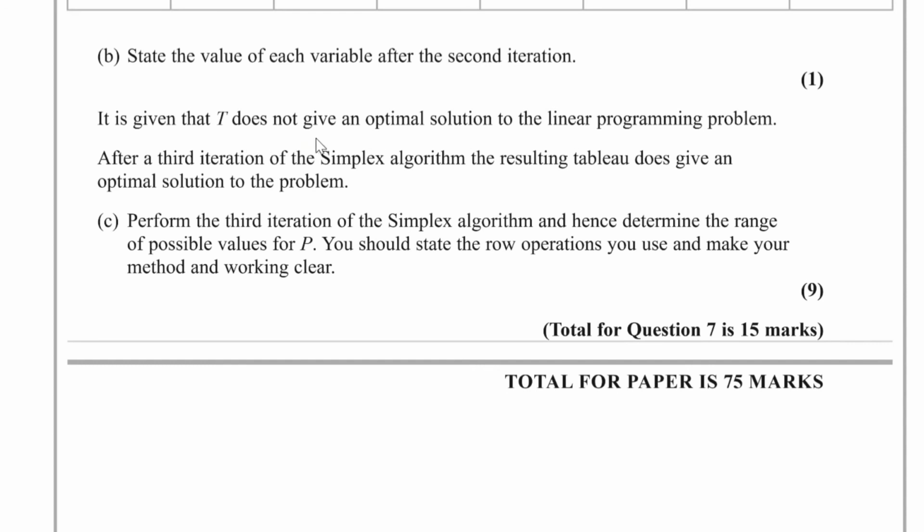It is given that T does not give an optimal solution to the linear programming problem. After a third iteration of the simplex algorithm, the resulting tableau does give an optimal solution to the problem. We have to perform the third iteration of the simplex algorithm and hence determine the range of possible values for P. You should state the row operations you use and make your method and working clear.